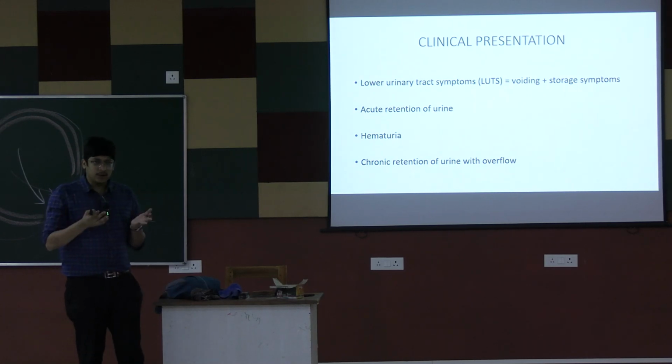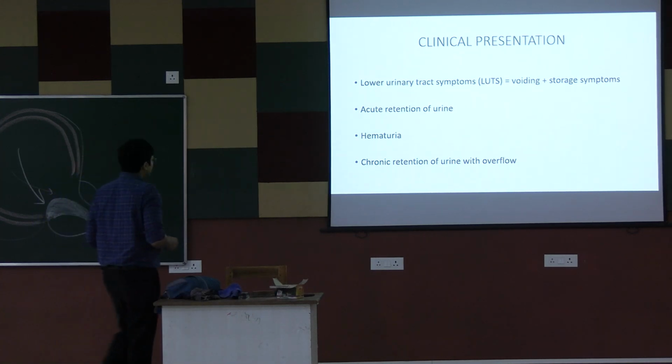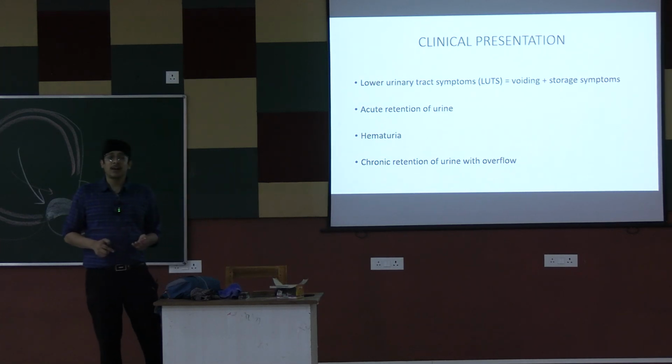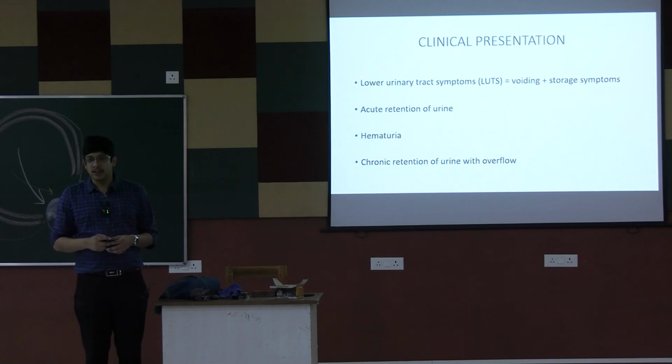So, this scenario is called an acute retention of urine, whereas a chronic retention of urine is a difficult disease to treat, because here the patient does not have any sensation that he is not being able to pass urine adequately.